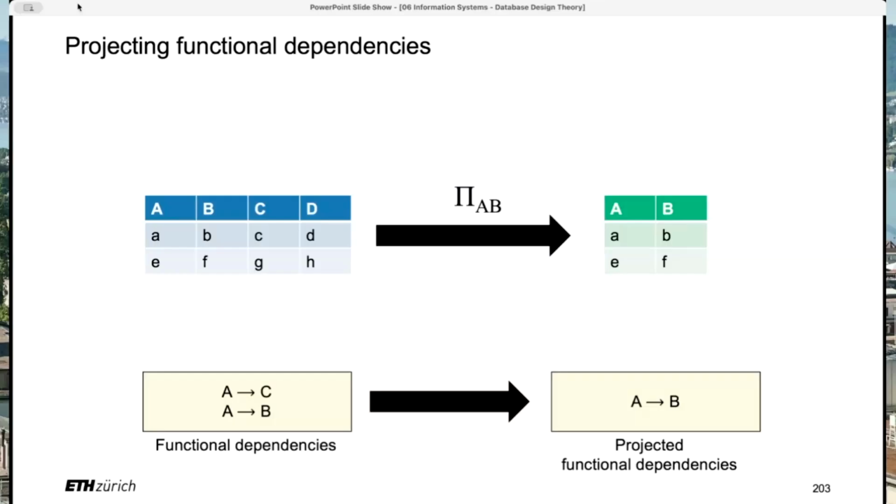Right? And so the way we are going to decompose the table is to project it in different ways. Right? We are going to project it to many different tables. And so when we project a table in this way with the goal of projecting it to meaningful tables, we need to ask ourselves which functional dependencies survive in the process.